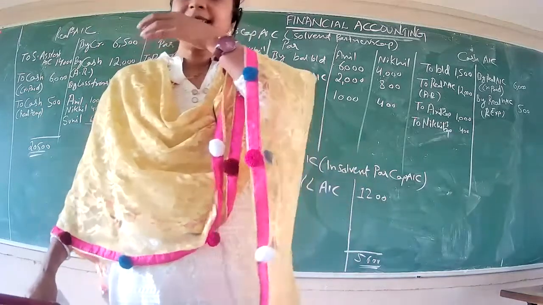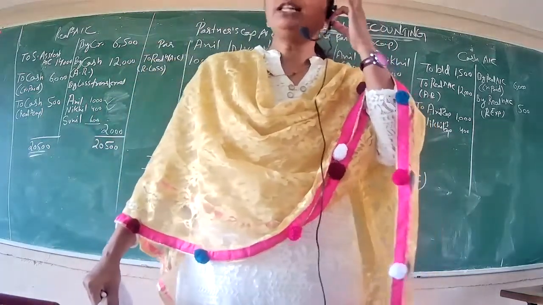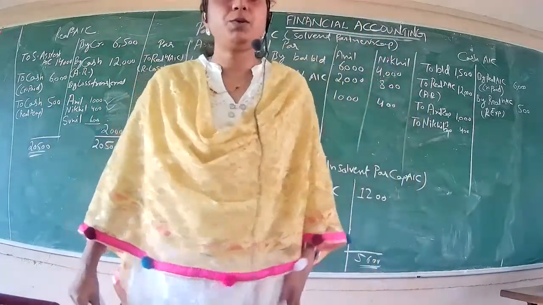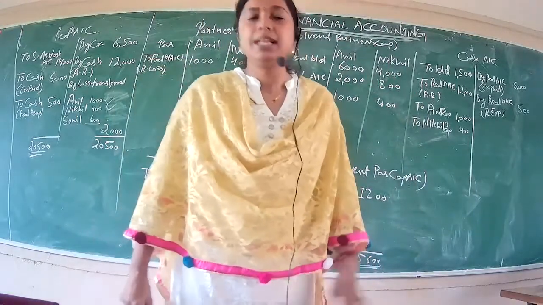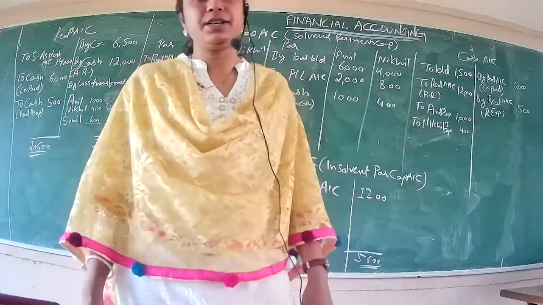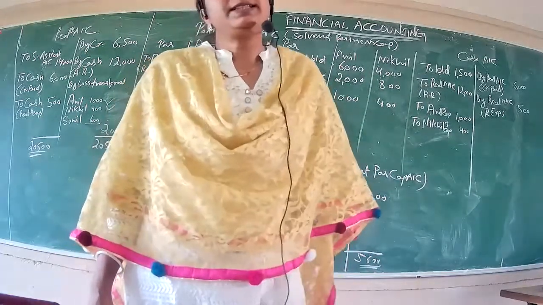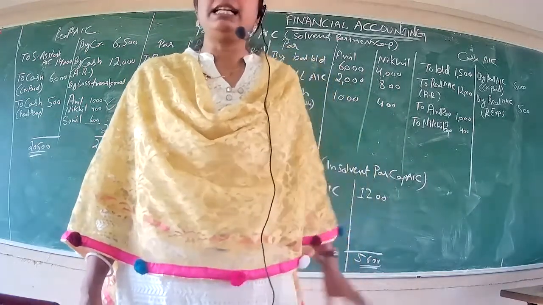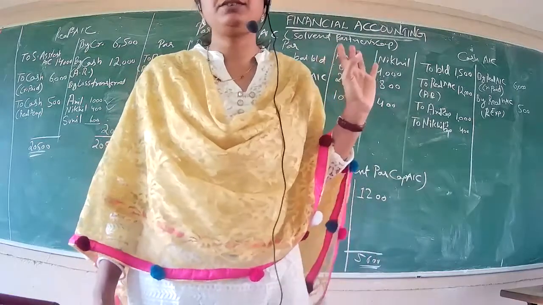Before balancing, I want you to go to the meaning of insolvent partner, which you have seen in earlier classes. Who is the insolvent partner? Whose debit balance of capital is more at the time of final cash distribution?